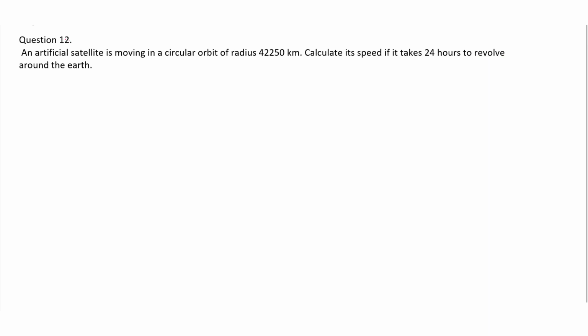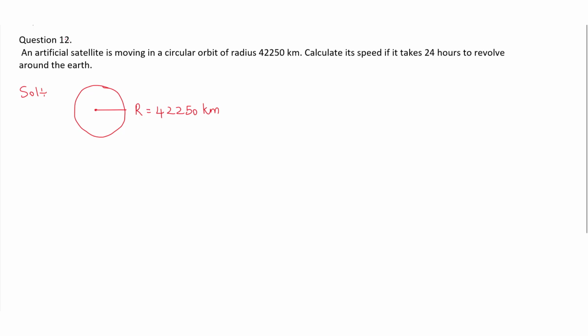Okay, question 12 states that an artificial satellite is moving in a circular orbit where its radius r is given as 42250 kilometers, and we have to calculate its speed.